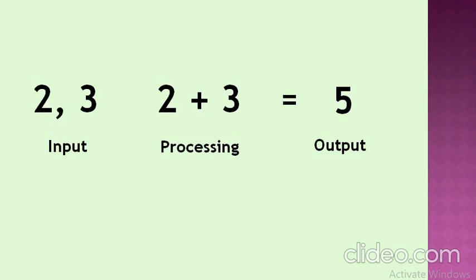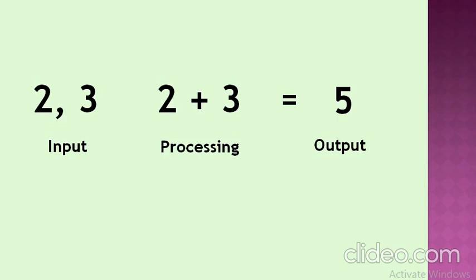We get to see the output on the monitor screen. So this is how our computer functions. It takes the input, processes that, and then shows the output on the monitor screen.